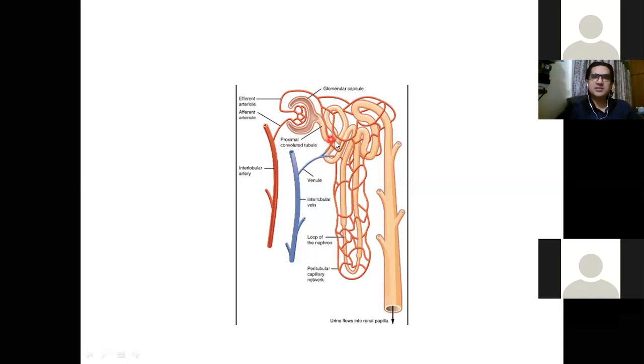So similarly, what is the function of these tubules? And you all know that everything that has filtered goes back into the blood, right? So in the glomeruli, everything in the blood is filtering into the tubules, and the reverse is happening in the tubule.